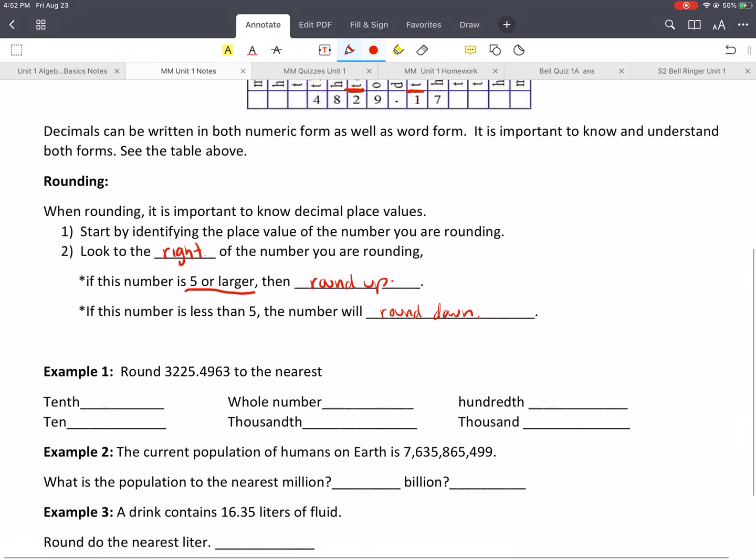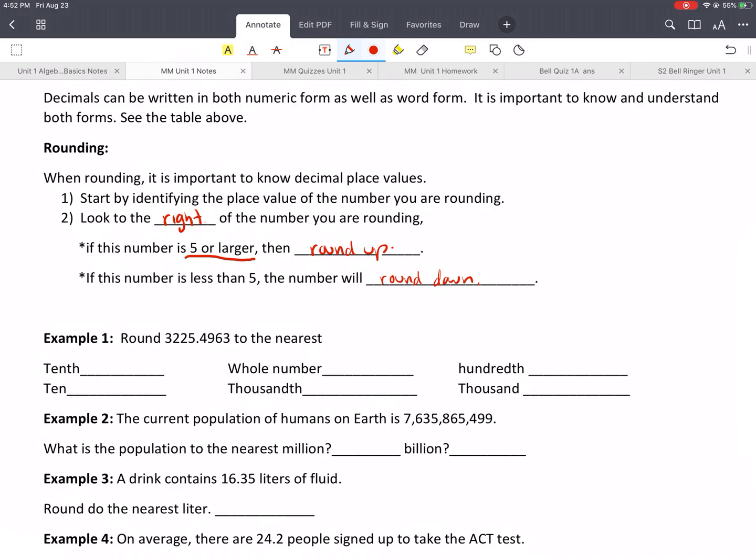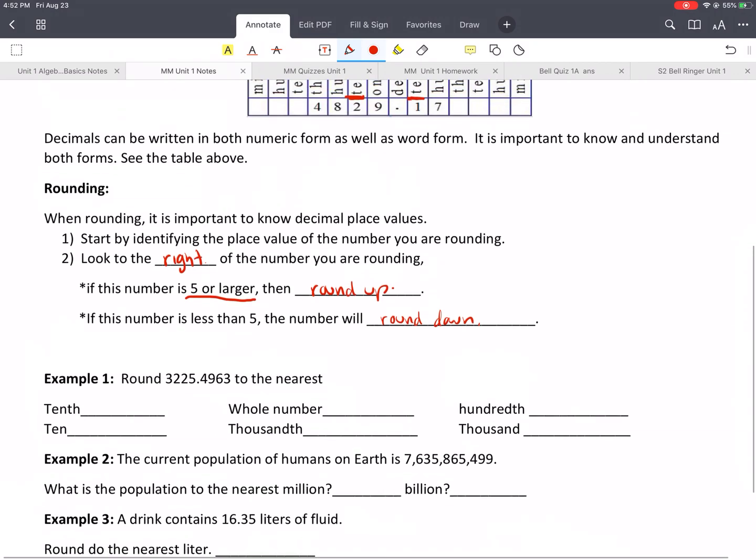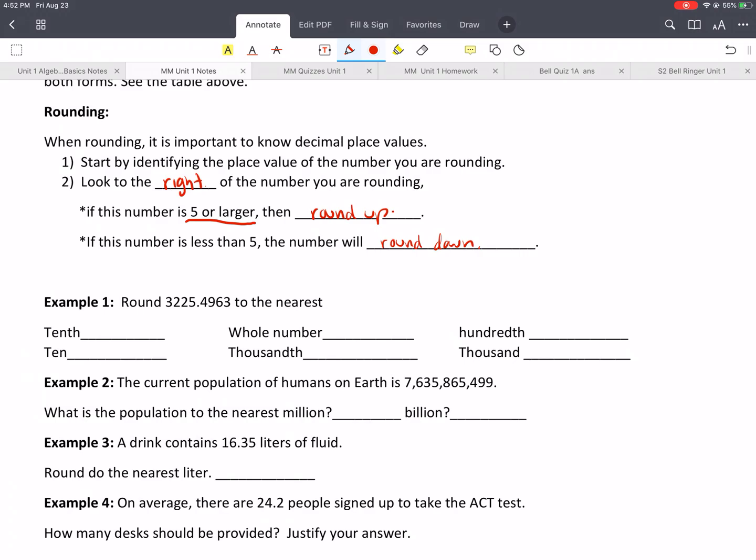Okay, so here we go. Let's do some rounding. When rounding, it's important to know decimal place values. We want to identify the place value we want to round to. For example, let's look at this example here. Here would be our tenths.